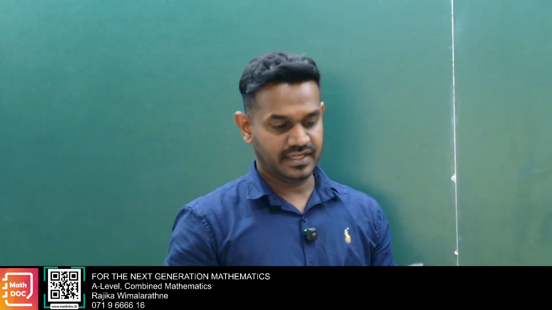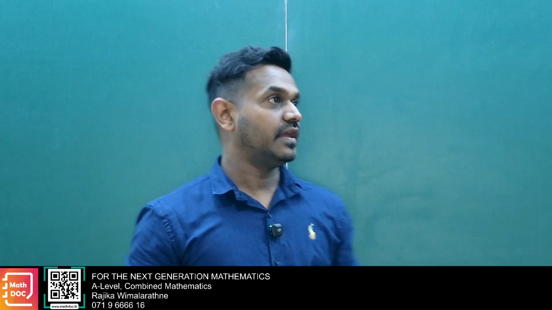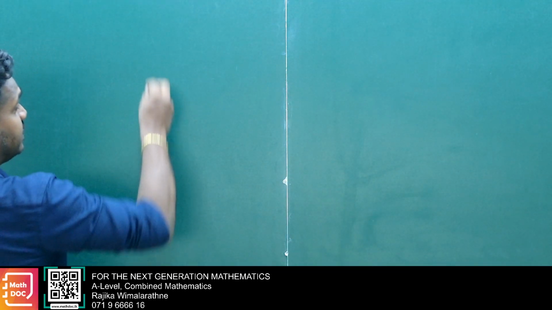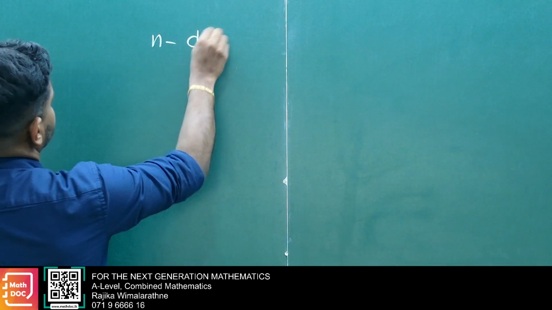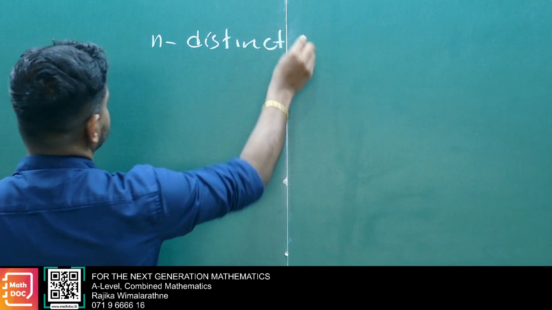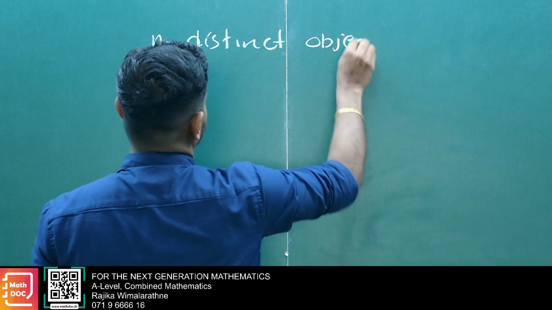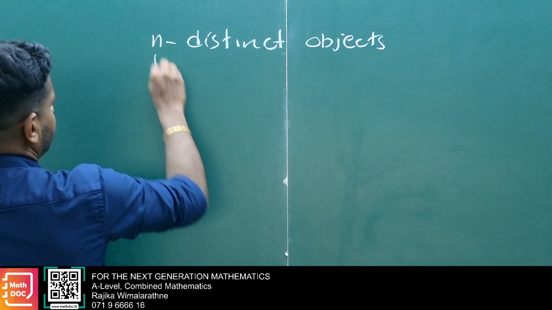Okay, let's start today's permutations and combinations discussion. First of all, I will just revise the combination part. Here you consider n distinct objects, r are to be selected.